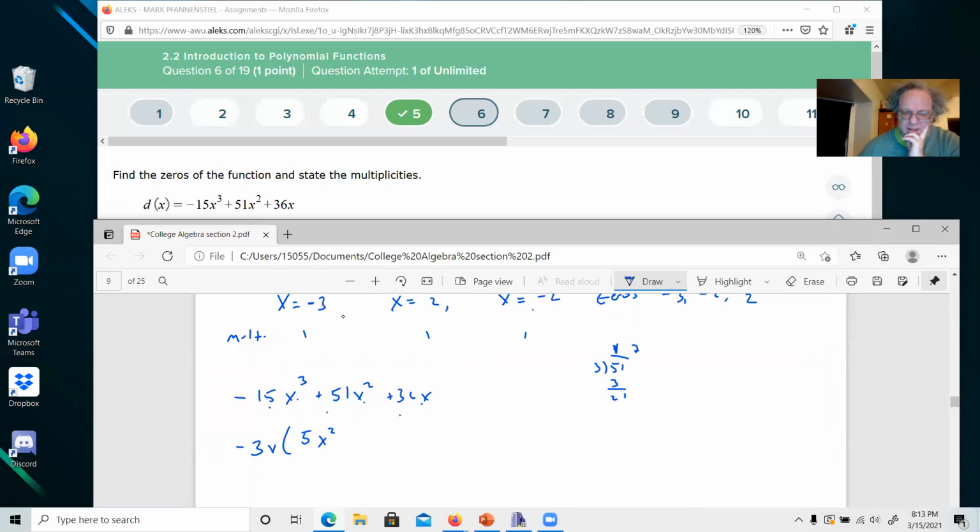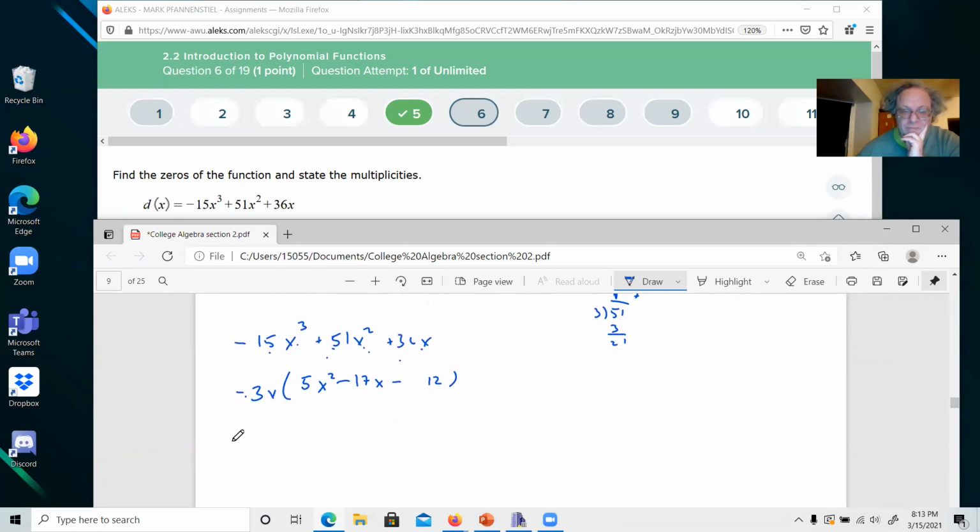We change the sign because I took the -3 out, so it's -17x, because one of the x's came out. And then the 36 looks like it's going to be 12.